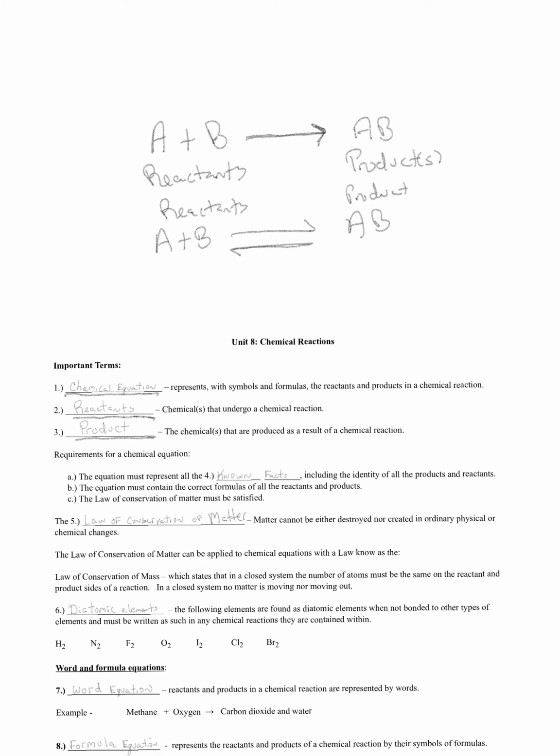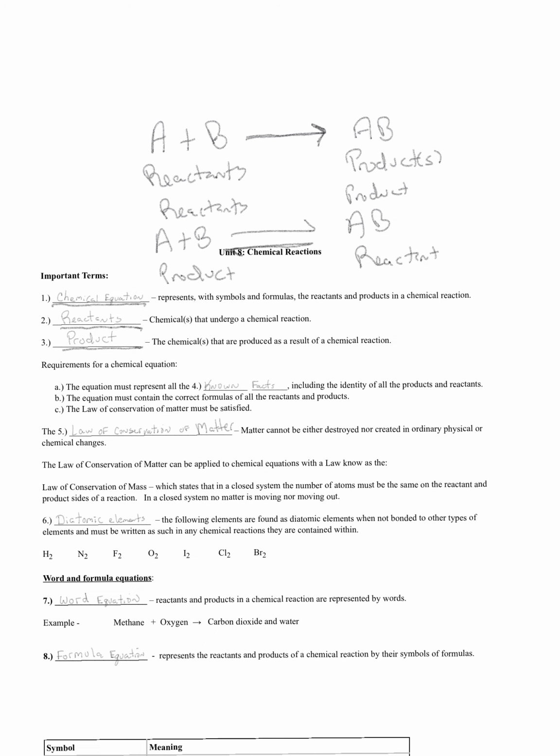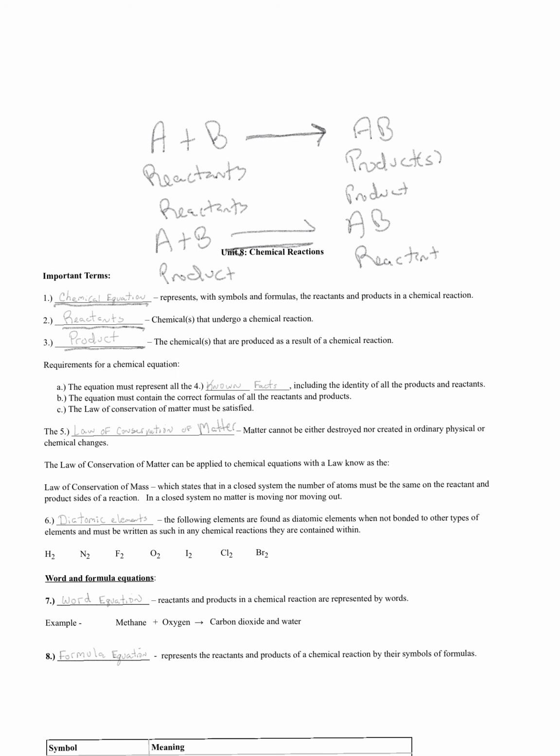But if it goes in this direction, then these would be the reactants, and this would be the product. So it's important to look at the direction of the arrows, and that'll give an indication of the direction of the reaction. The equations are important.